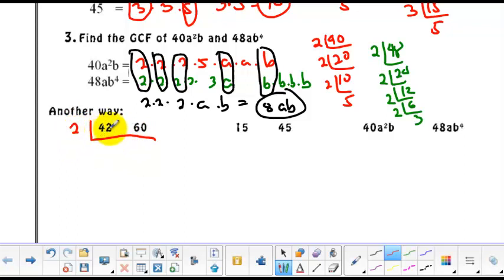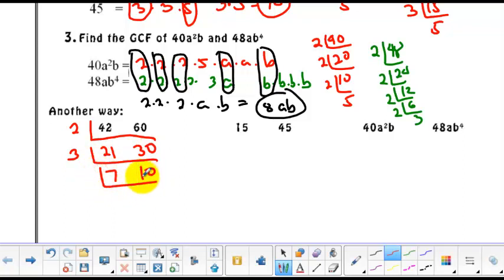2 will work. So 42 divided by 2 is 21. 60 divided by 2 is 30. Again, find a prime number that can divide both 21 and 30. 3 will work. So 21 divided by 3 is 7. 30 divided by 3 is 10. Now here I have 7 and 10.